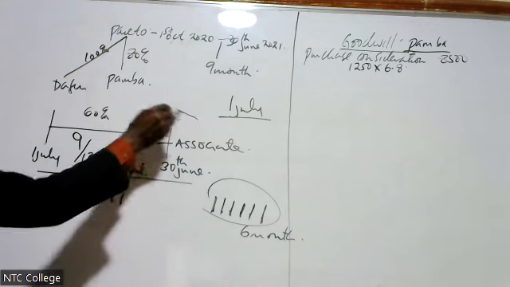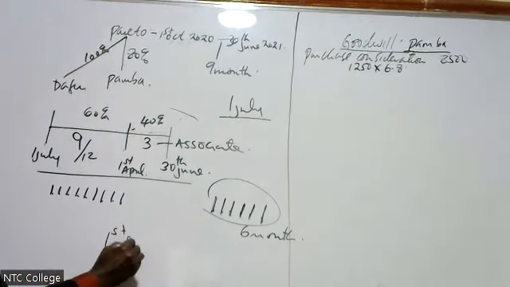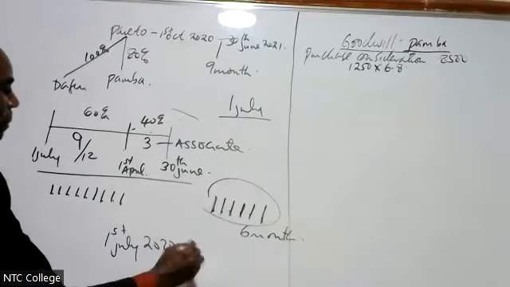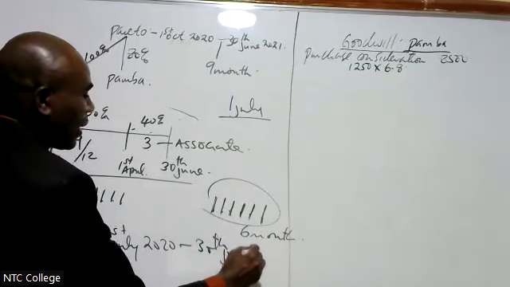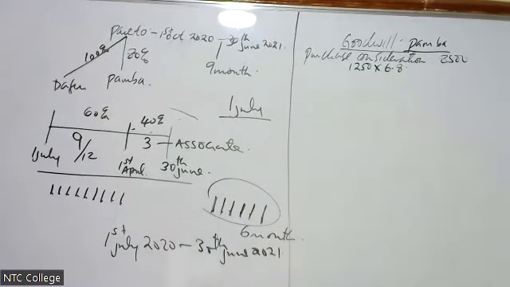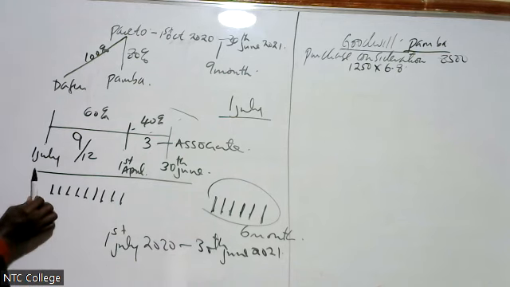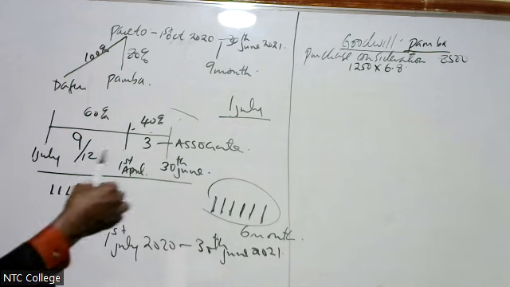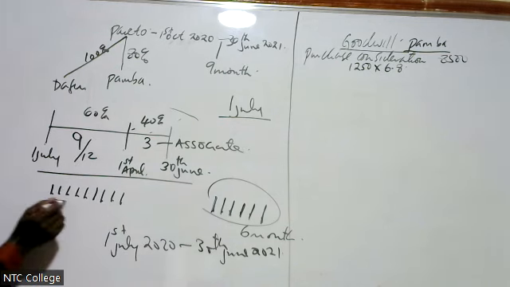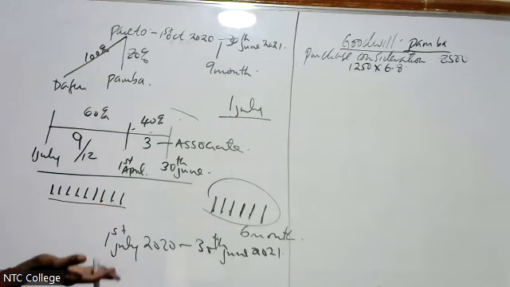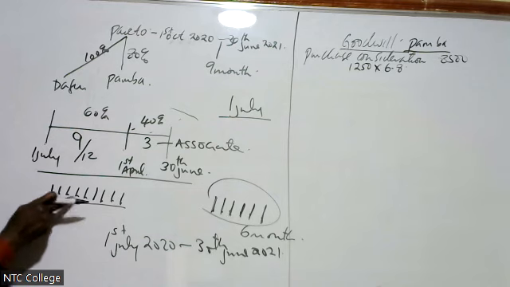Therefore, our year is 1st July 2020 up to 30th June 2021. That is 12 months. But remember, we disposed of it on 1st April. Check on this structure: how is it 9 months for us? You can even put the counting here, like a class 1 student with fingers.